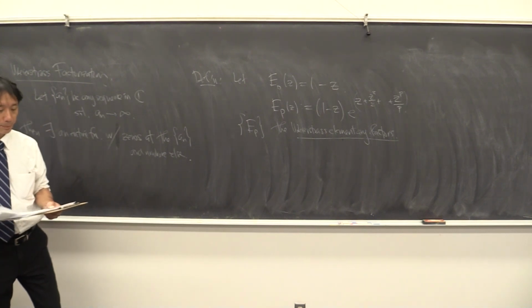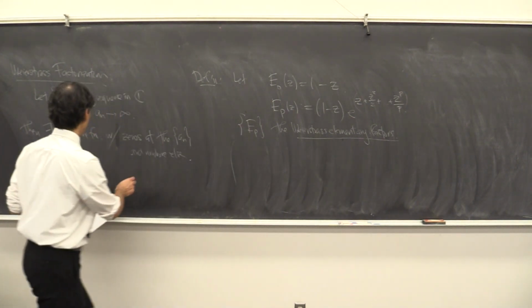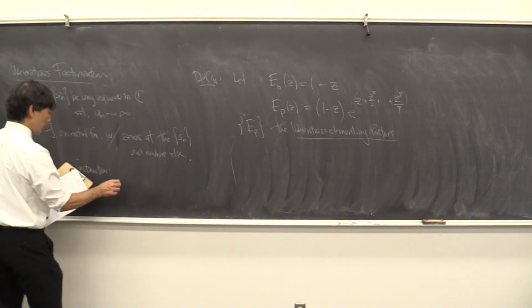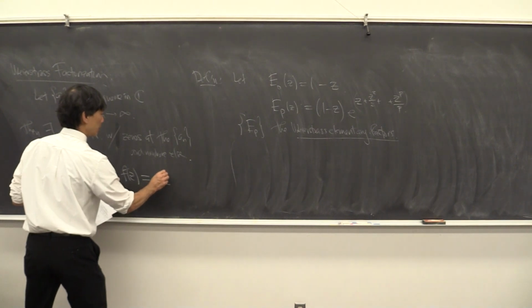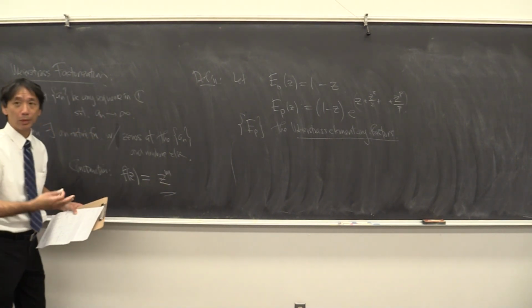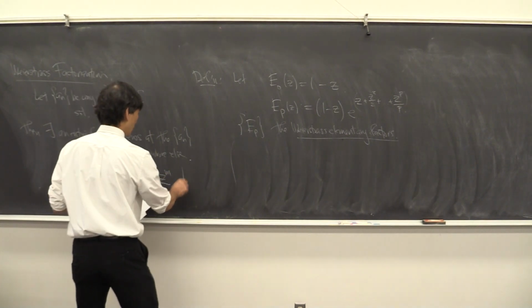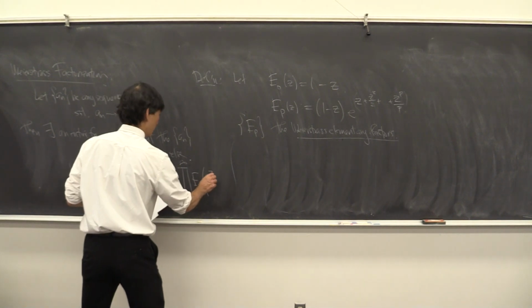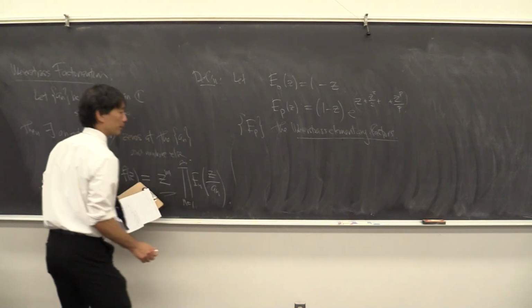So ultimately, the function that we construct will look like Z to the M, so you throw in something for 0 if there's something at 0, times the infinite product of E sub n of Z over A sub n, n goes from 1 to infinity.